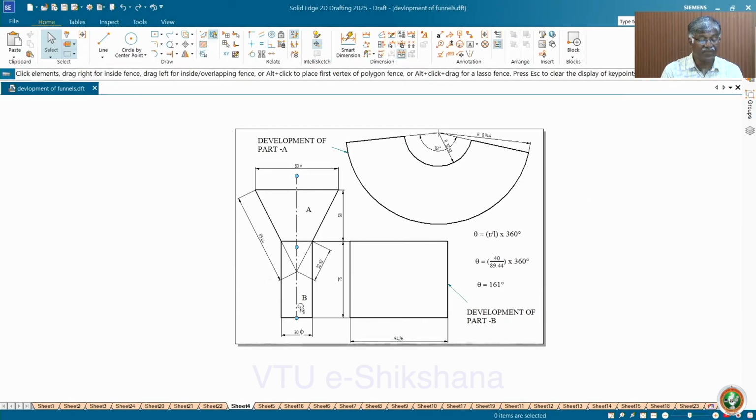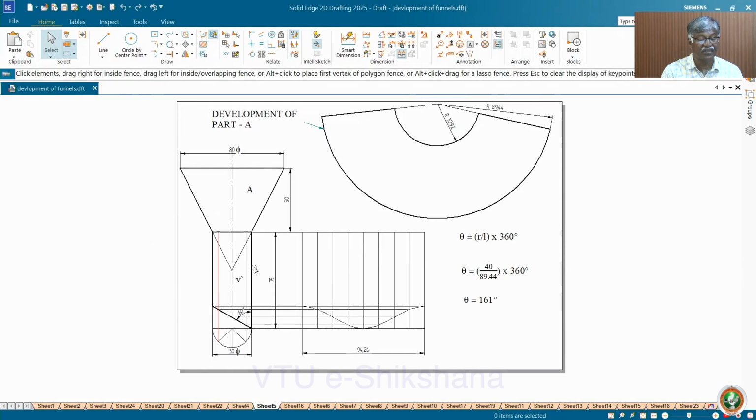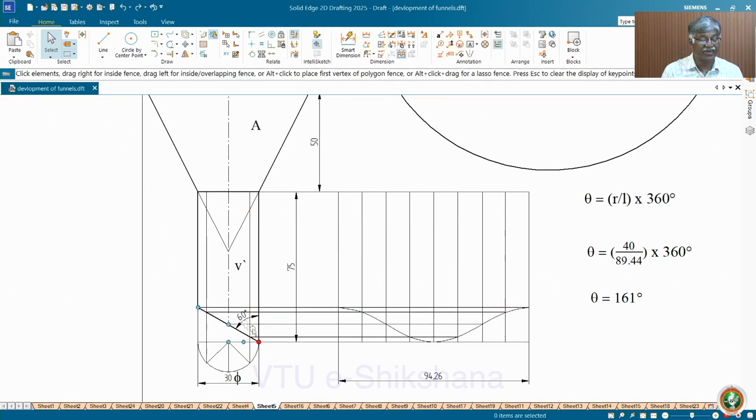Next, when it is truncated, inclined at some angle, at the bottom portion, then what exactly is the procedure? So you know, the same rectangle is divided into 8 equal parts, and then projected, this is the truncation of given angle. This is 60 or this is 30. Either way they will give, or sometimes they will give with respect to the axis. Then you must be very careful in selecting the section plane.